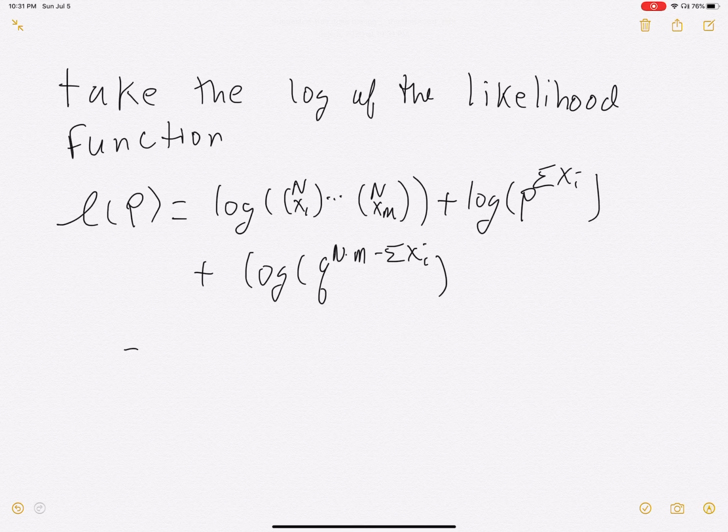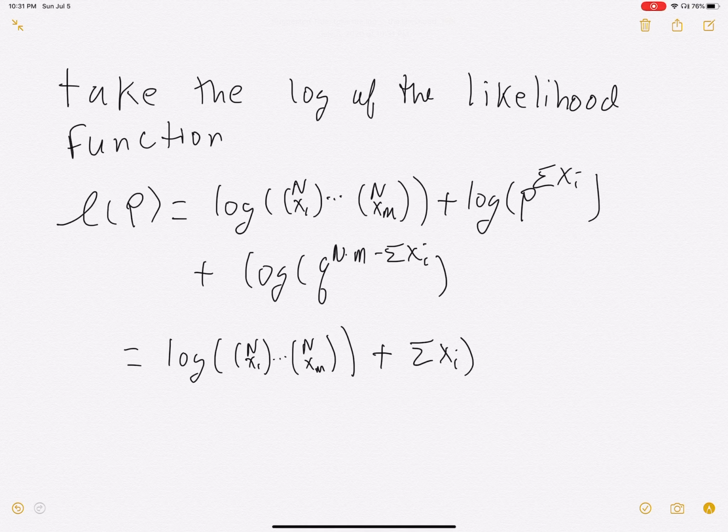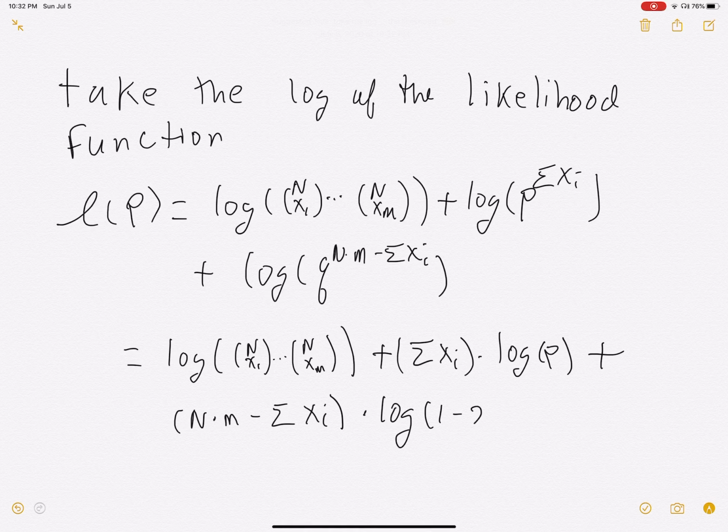Then I'll apply the rule of exponents here: the log of that first term, plus the summation of x sub i times the log of p, plus n times m minus the summation of x sub i times the log of q, which is 1 minus p.